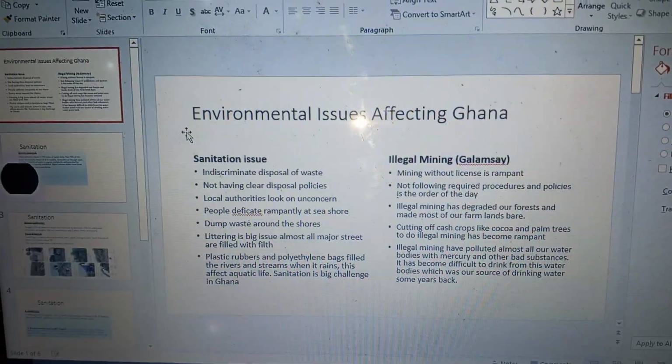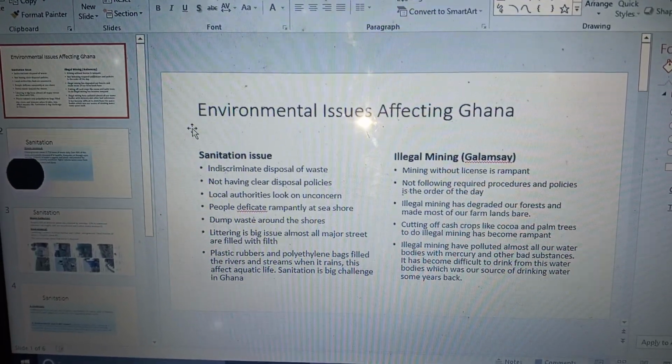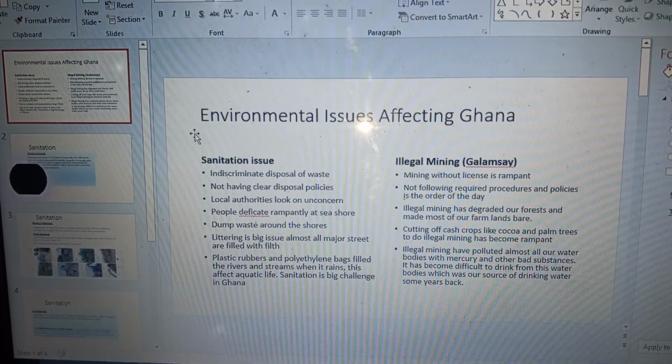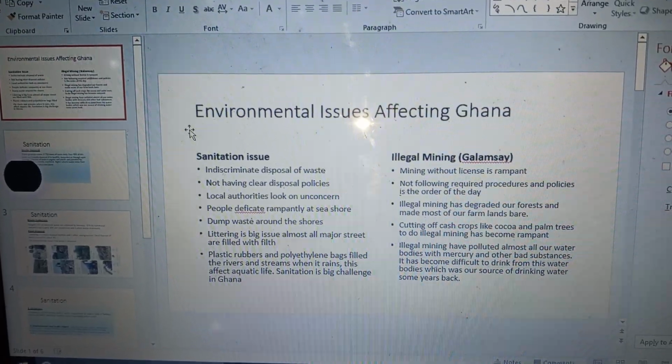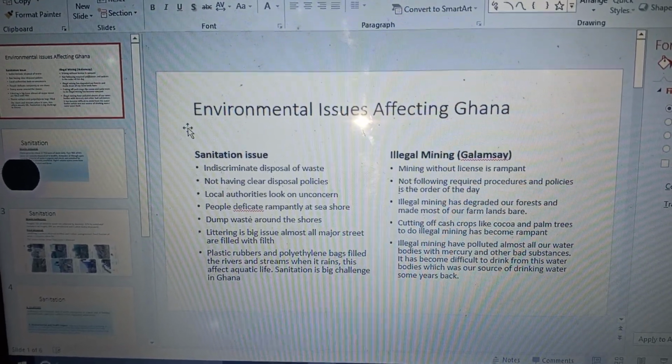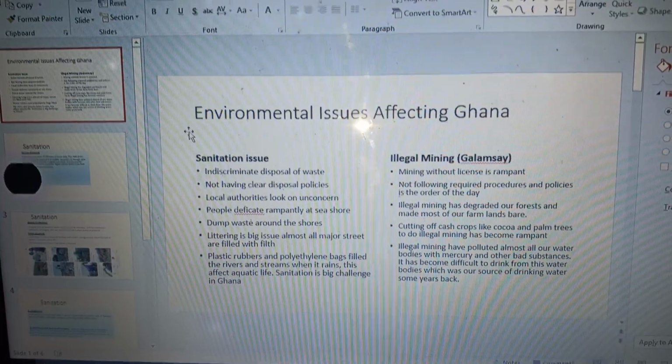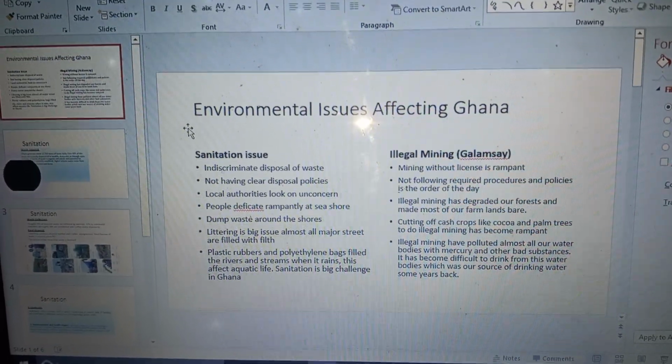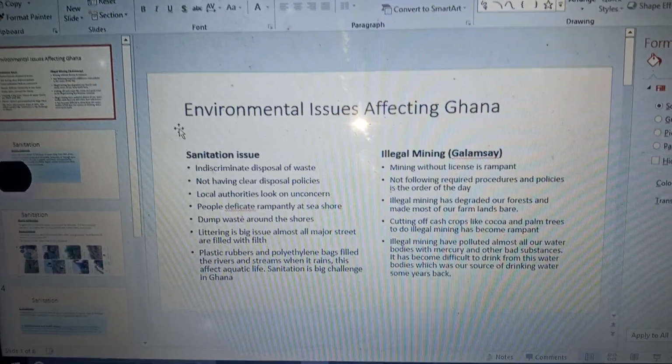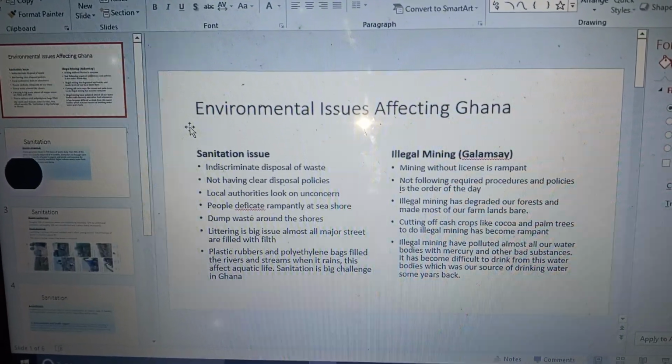Currently, we have two environmental issues which are affecting the country the most. One is sanitation issues, and the other one is illegal mining, popularly called galamsey. Sanitation has become a problem in my country.